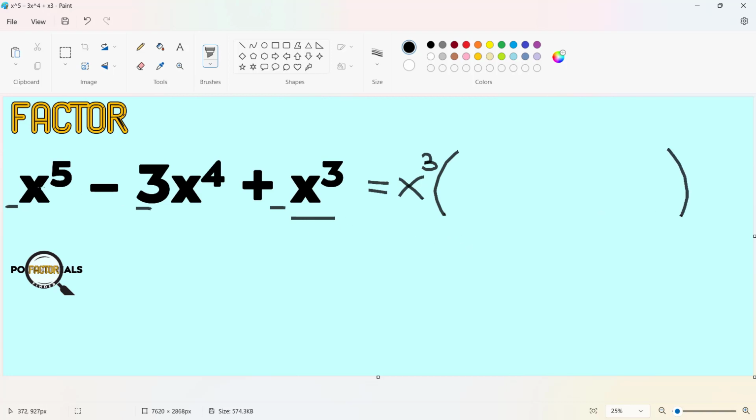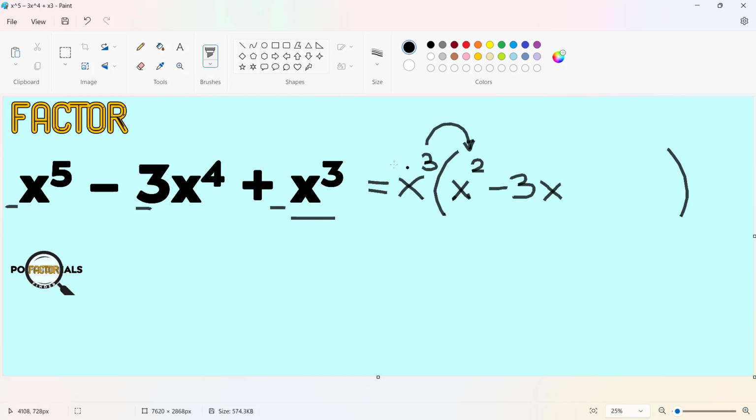So x to the power of 5 divided by x cubed, you will have x squared. Again, you can also verify that when you multiply, you add the exponents, 3 plus 2, you will get 5. For the second term, it's still minus 3 for the numerical coefficient because you did not take any other factors except for 1. But your literal coefficient is now x to the power of 1, or simply x, because that's x to the power of 4.